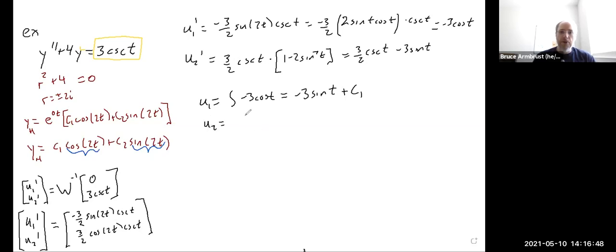And then u2 is going to be the integral of this piece, which is going to give us 3/2 natural log of cosecant minus cotangent plus 3 cosine of t, but plus c2.